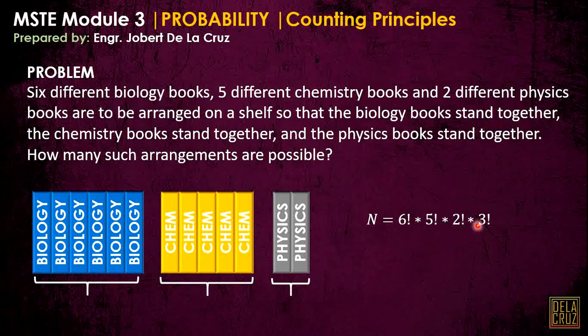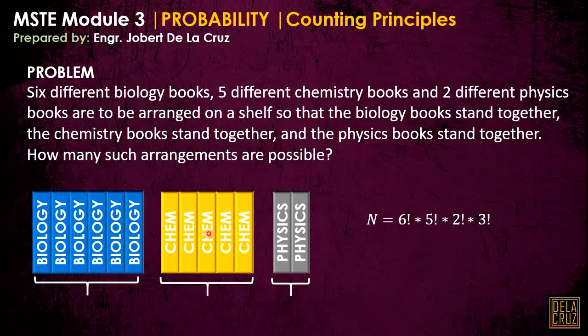Okay? Kaya nag-multiply tayo ng 3 factorial dyan. Okay? Baka ma-misinterpret nyo. Gagawin nyo dito is bibilangin lahat yan, 12 factorial over kung ilan yung redundant arrangement. Hindi, no?